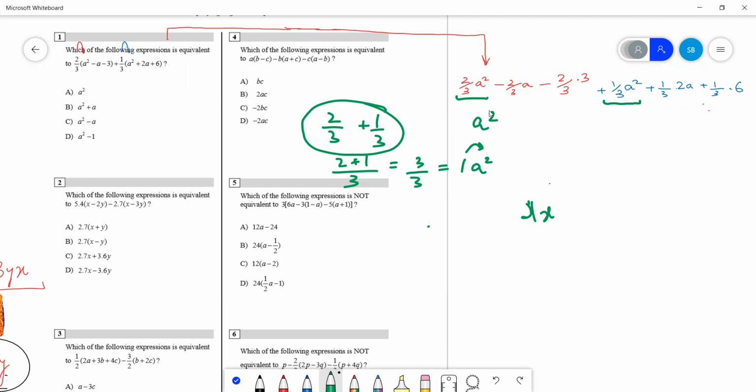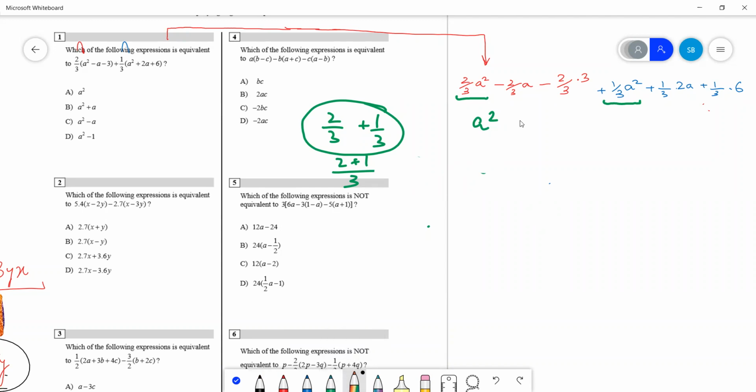So 2/3 a squared plus 1/3 a squared will be 3/3 a squared. That means 1 a squared, that means a squared. And then, are we having any more like terms?